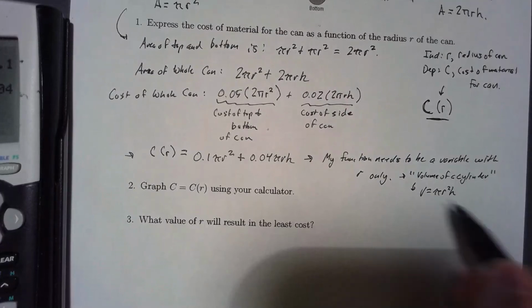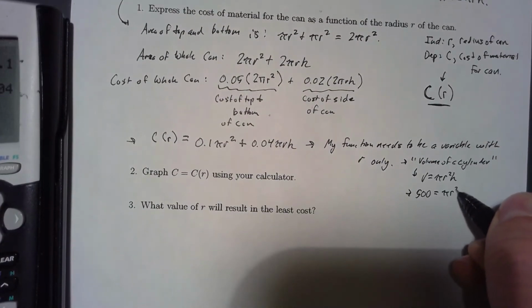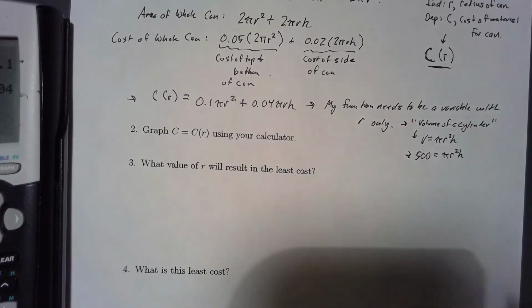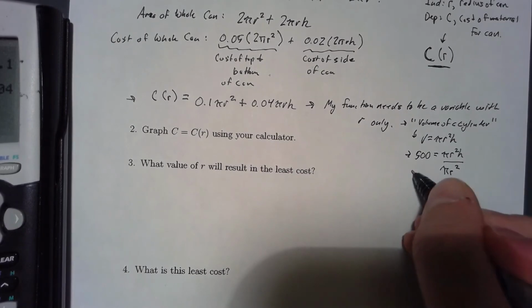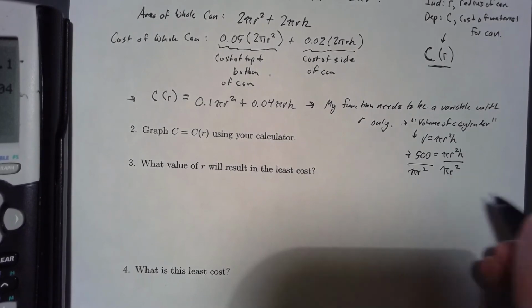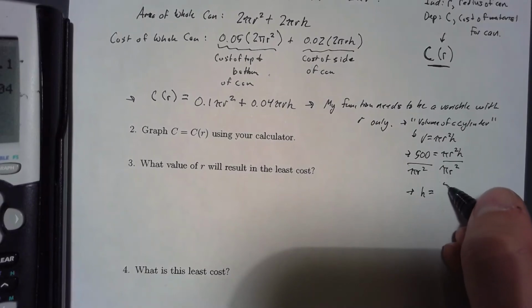So what I'm going to do is set this equal to 500. And if I solve that for h, you get h equals 500 over pi r squared.